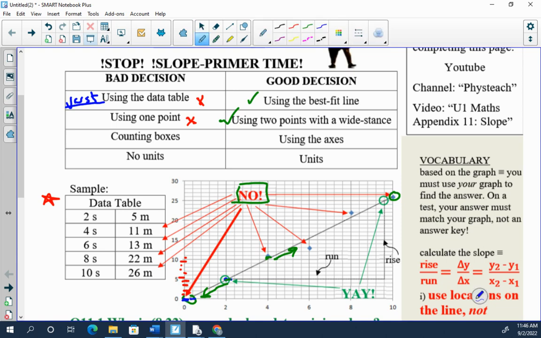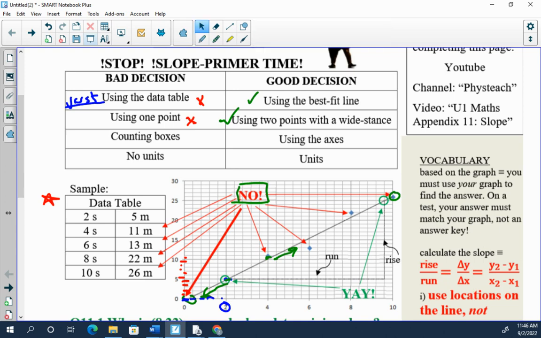So 0, 1, 2, 3, 4, 5. No, that's a 2. That's not 5. That's a 2. And you could, of course, figure out how much each interval or each tick mark is worth by taking the actual magnitude there on the scale, on the axis, and then dividing by the number of boxes.